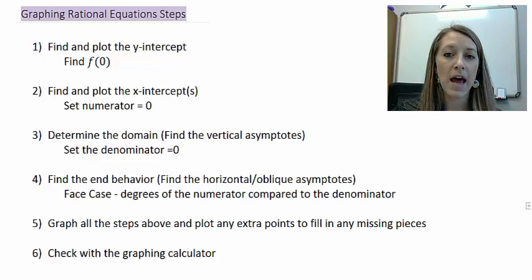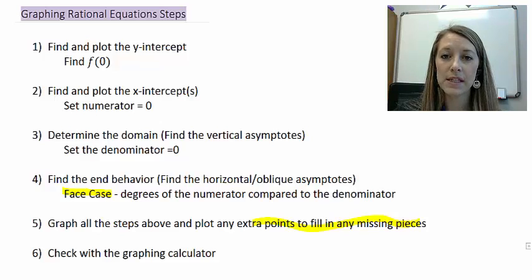When we just had college algebra information, we used the leading-term test. Now that we have calculus information, we will use limits: the limit as x is approaching infinity and x is approaching negative infinity. We plotted all of that information on the graph. We plotted extra points to fill in any missing details, and then we checked with the calculator.